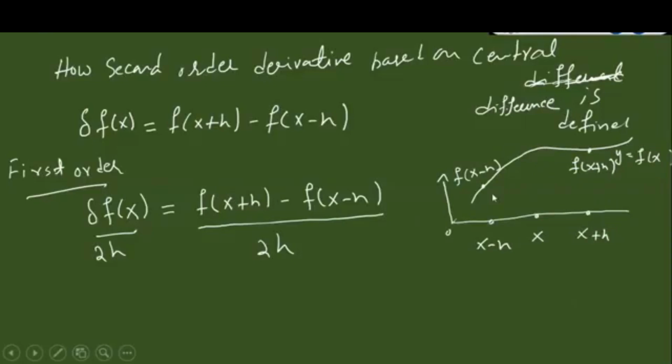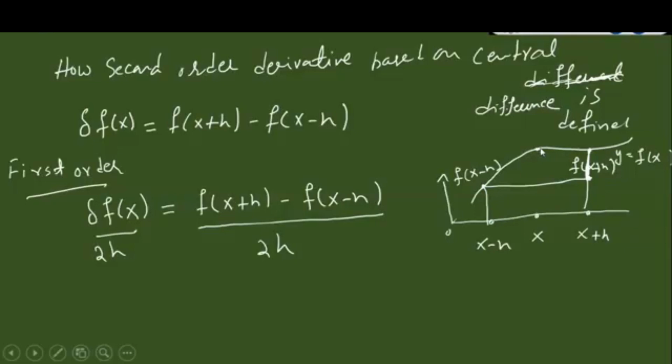Okay, so you compute the difference, so you know what change has happened from its left to right transition at this point. Why I divided by 2h, that's why I draw this diagram. It is quite simple. You are subtracting this quantity from this quantity. So what do you get? You get a certain height. This is the height of this point, and this is the height of that one. If you subtract, you will get this height. This is the change in y. That's what we do in derivative, across this point.